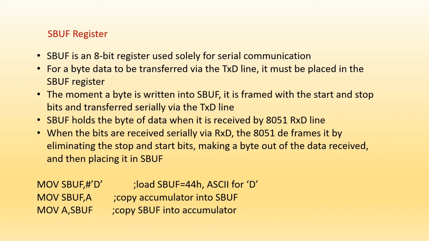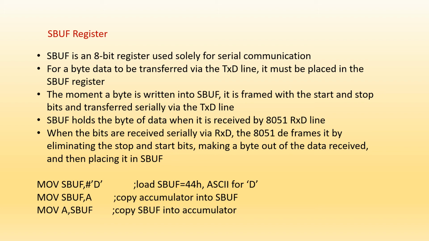Whenever a byte is to be transferred via the TXD line, it is placed in the serial buffer register. Whenever the data is written into the serial buffer register, it is framed with the start and the stop bit and then transferred serially via the transmit TXD line.